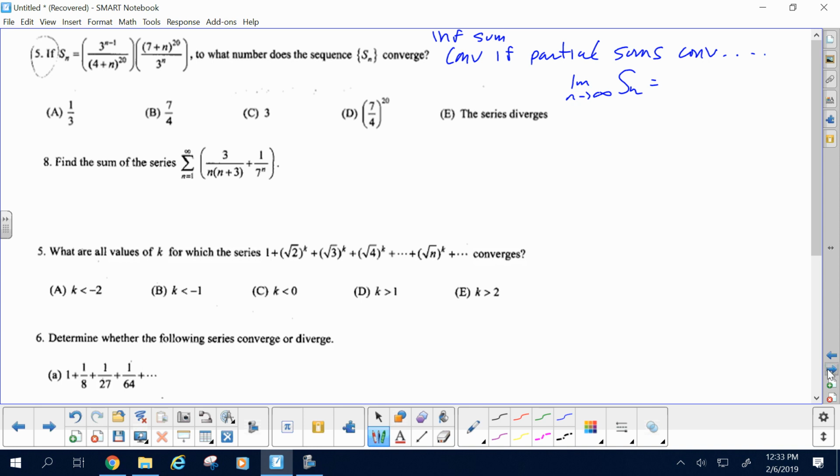Diverges? Sydney? Diverges? Lily? Does not diverge, it converges to 1/3. Oh, I heard the first time.